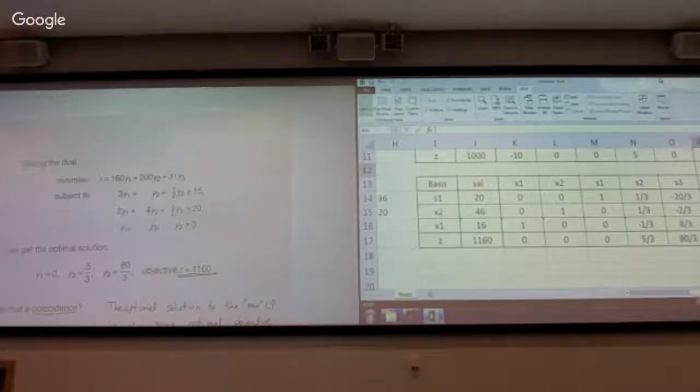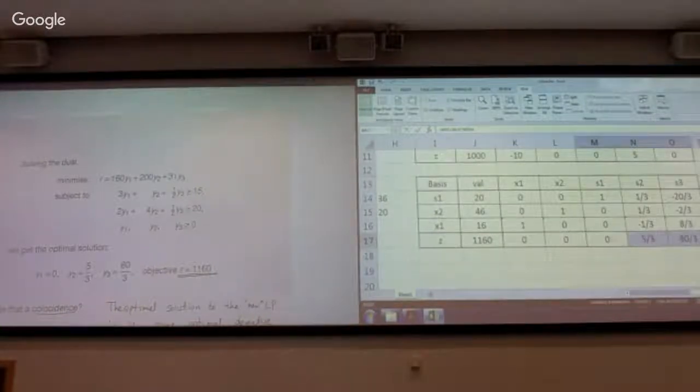So again, the slack variables are the same as... It's not the slack variables really, right? But it's these values that you mean.